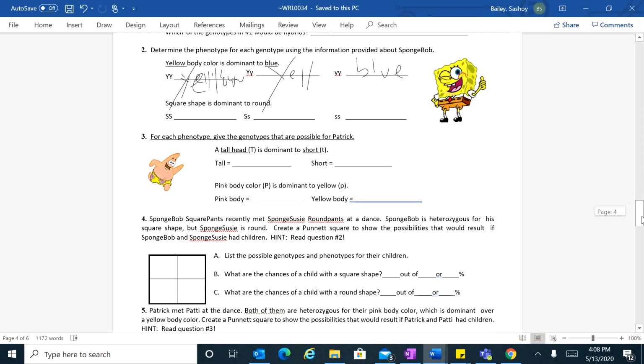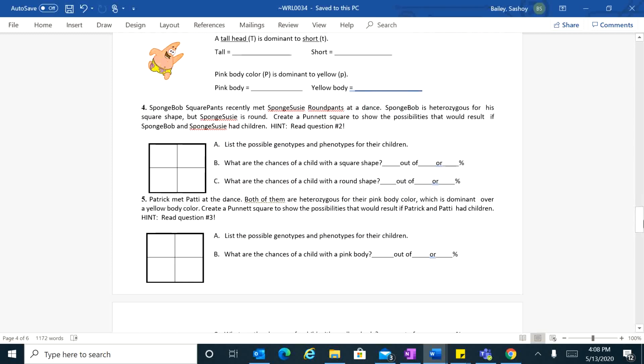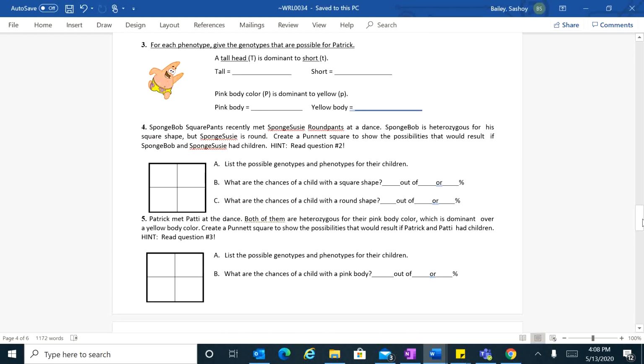Okay, question 3. Question 3 says, for each phenotype, the physical trait, give the genotypes that are possible for Patrick. So if tall head is represented by the uppercase T, and a short head is represented by the lowercase t, then tall head is dominant to short head.